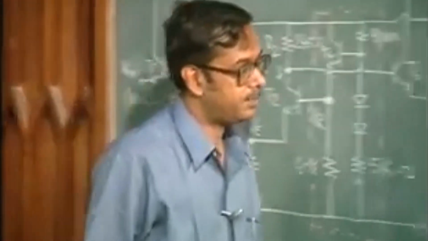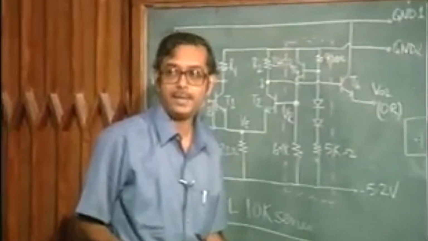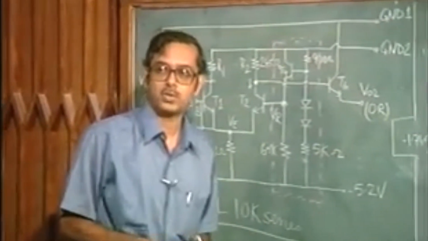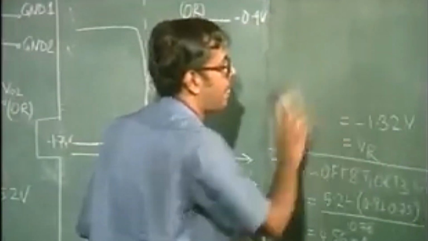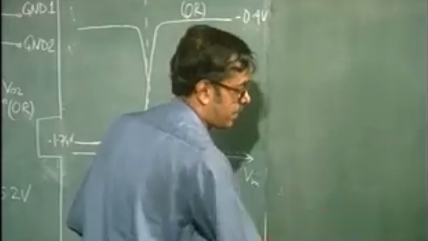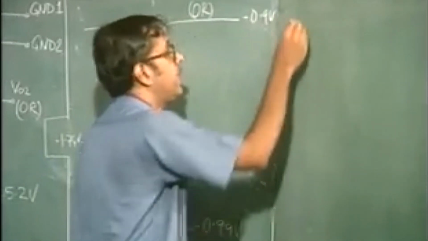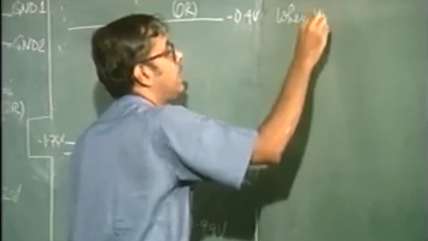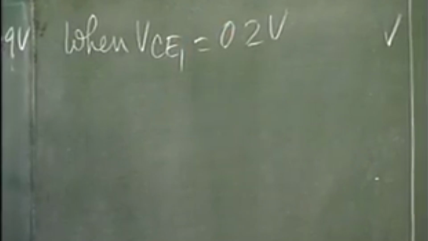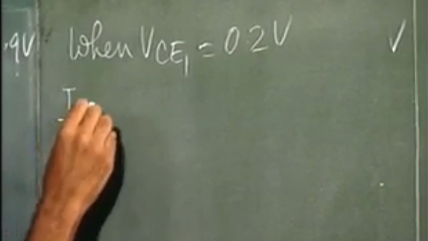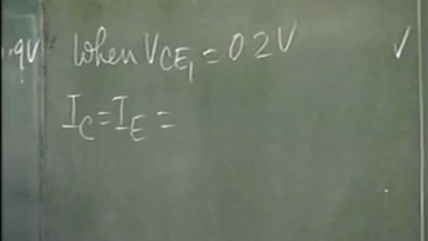Okay. So, what is the value of the input voltage when this transistor goes to saturation? Can we find that out? Say when VCE is equal to 0.2 volts, IC is equal to IE. What is the value?